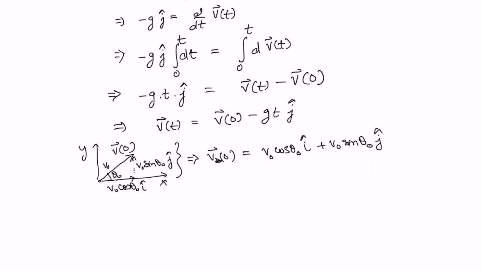So we can take this and substitute in this equation. So we get velocity vector of the projectile object at time t equals v naught cos theta naught i cap plus v naught sin theta naught minus g t j cap.